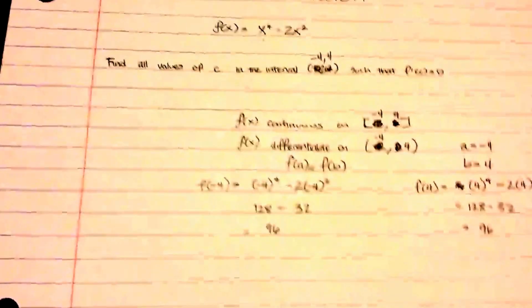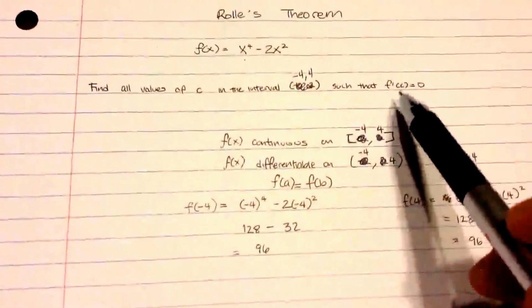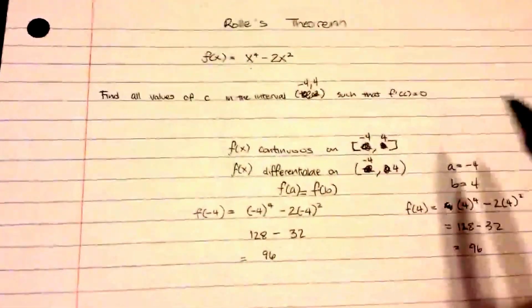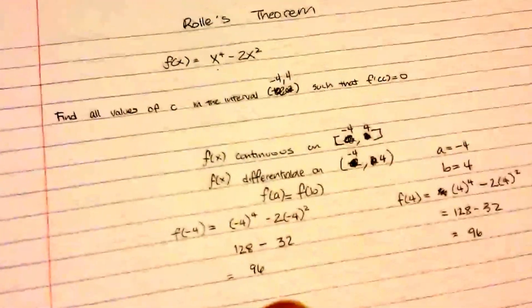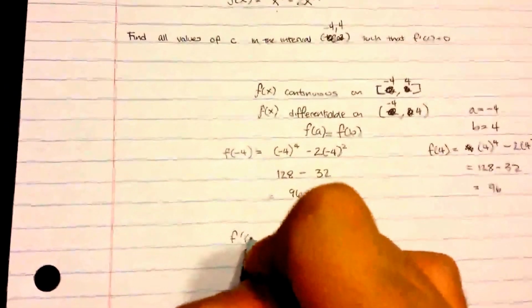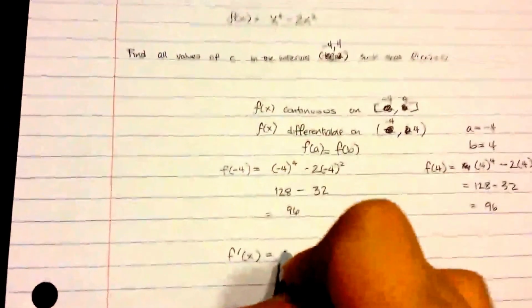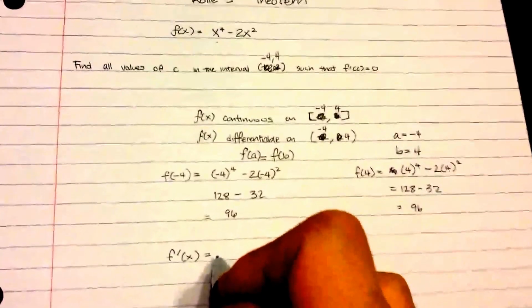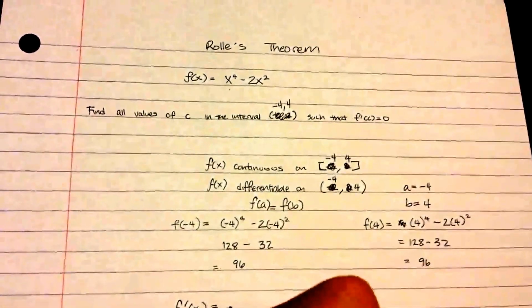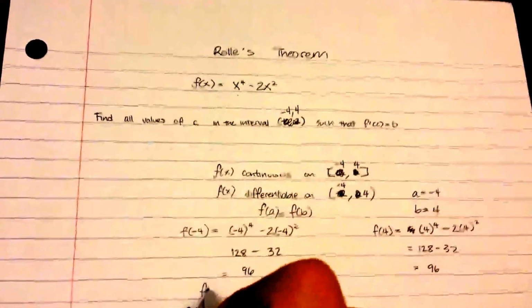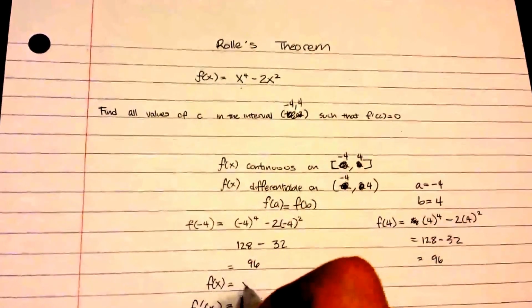Pretty much Rolle's theorem just says that we're using it to find where f prime of c is equal to 0. So what we do is we take the derivative of f of x, so f prime of x is equal to, let's see, first let's just rewrite this equation so it's easier to work with.